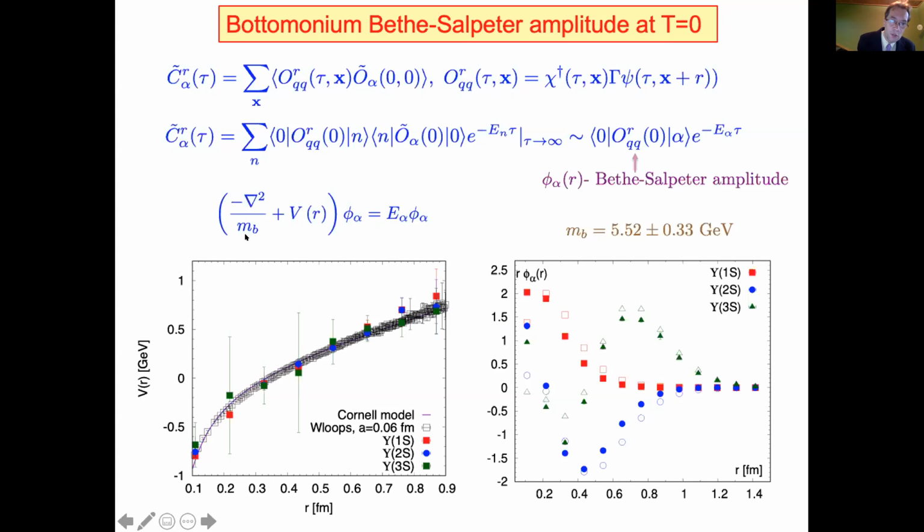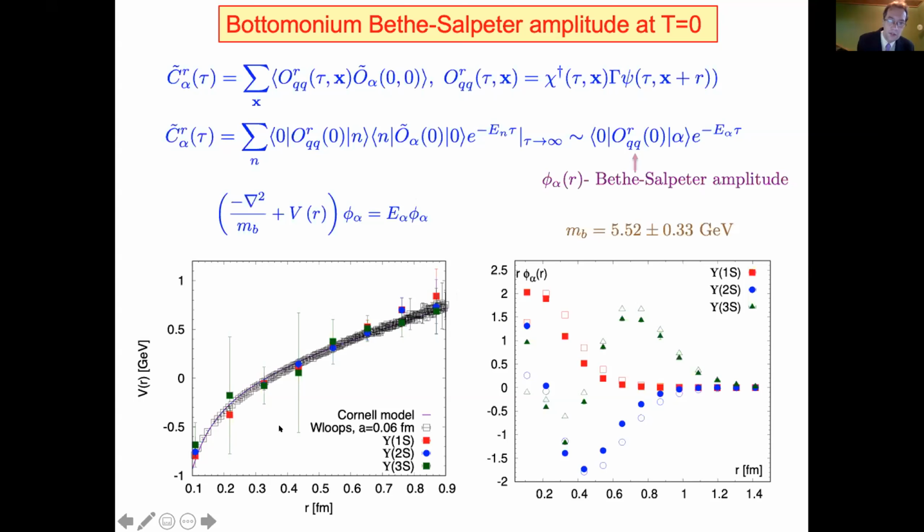You could easily determine the mass and the potential and have an additional constraint for consistency. And when we play this exercise, it turns out that the potential agrees very well with the standard Cornell parameterization, as well as the lattice calculation of the potential from Wilson loops at some small lattice spacing.